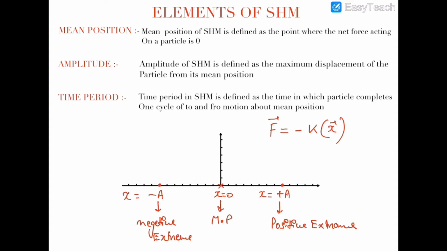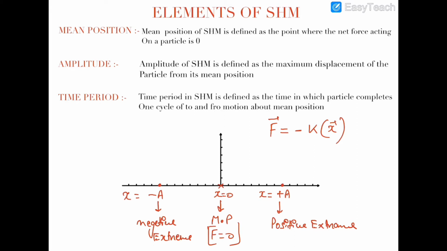So we can say that the mean position is the point where the net force acting on the particle is 0, and therefore in this motion at x is equal to 0, the force acting on the particle would be 0. Therefore x is equal to 0 would be the mean position in this SHM. So at this point the net force acting on the particle is 0. So this is the mean position of SHM.